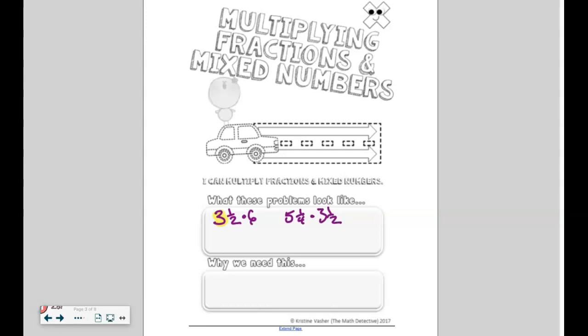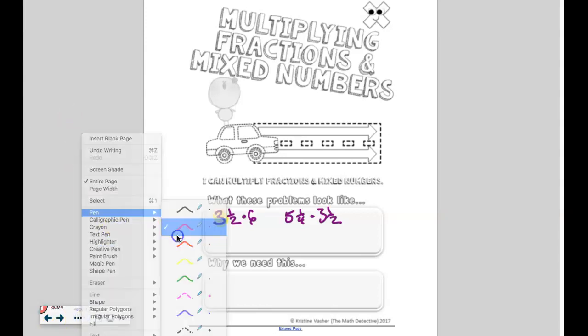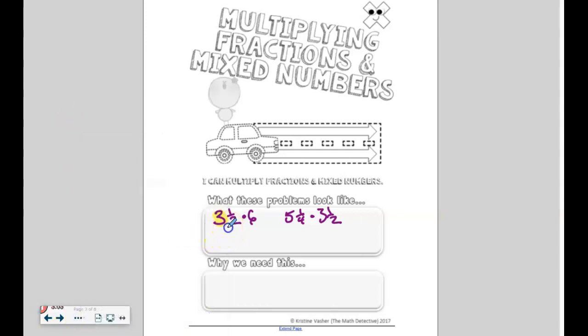You might see something like 1/4 times 2/3.